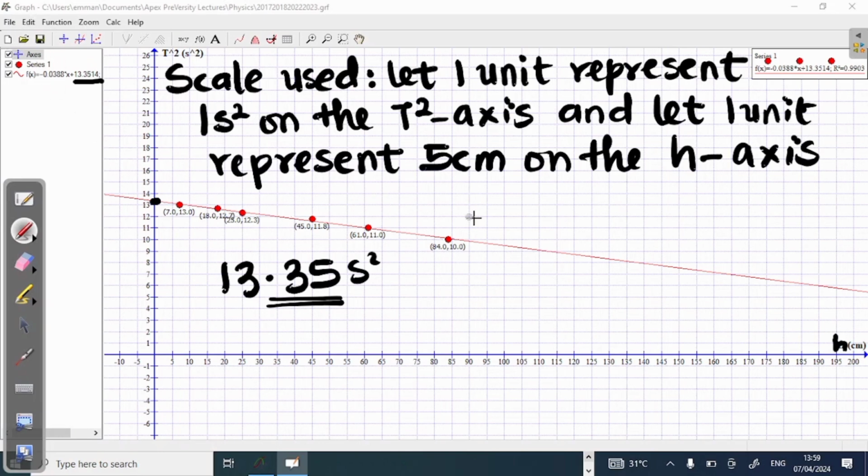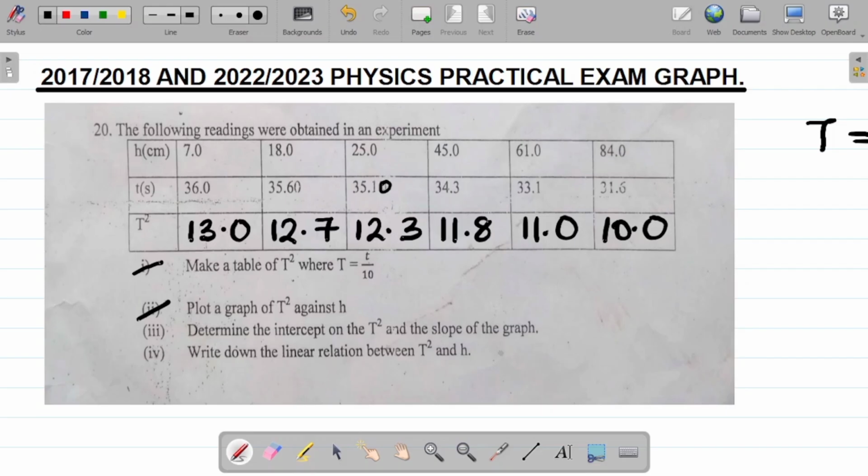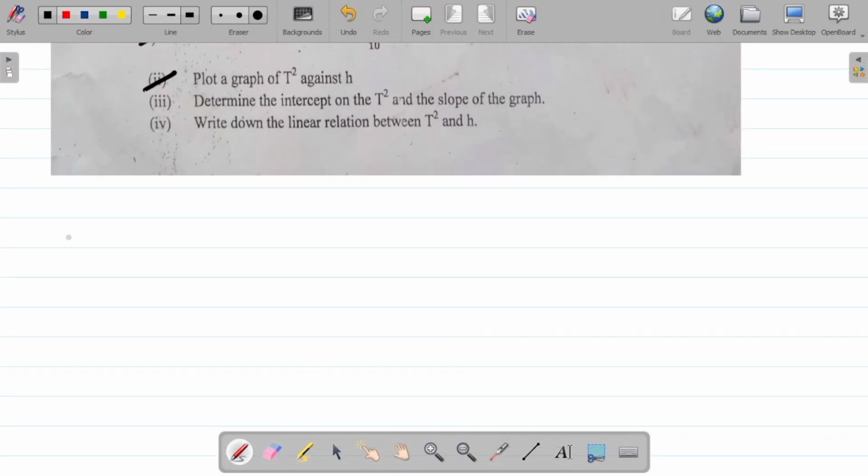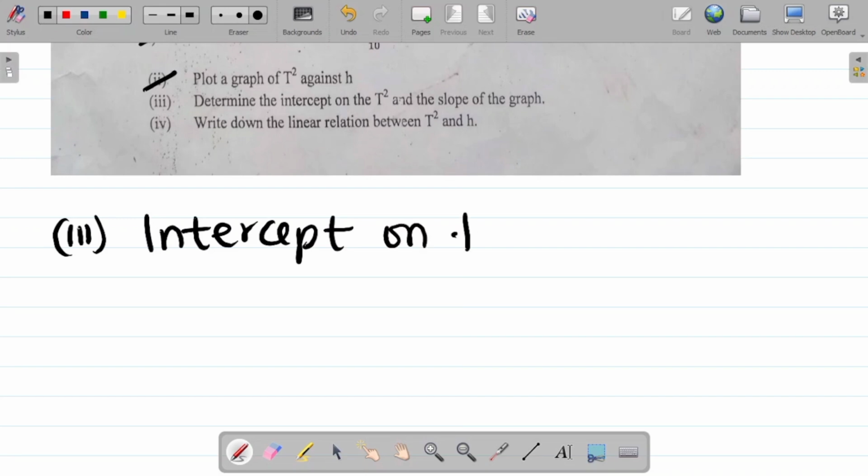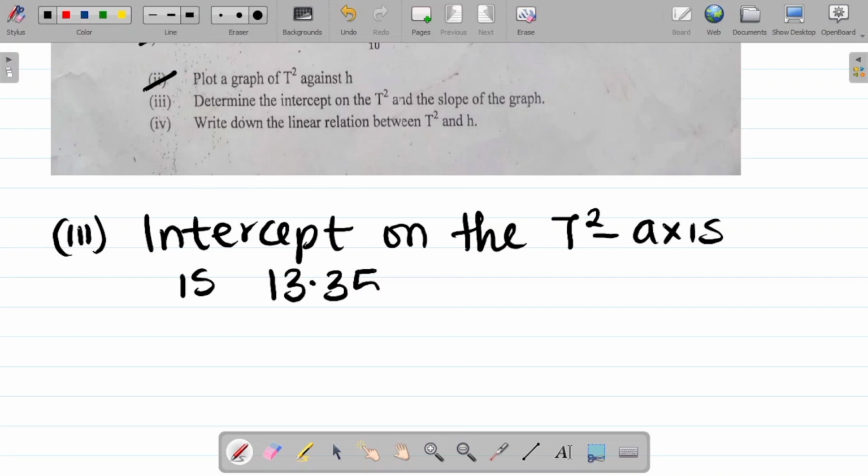All right, so let me go back to this. Question 3: I would say the intercept on the t squared axis is 13.35 seconds squared.